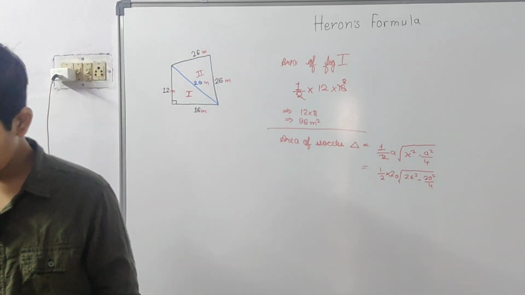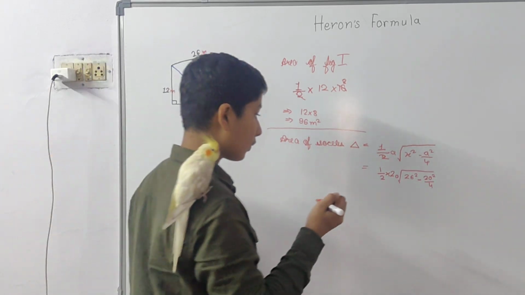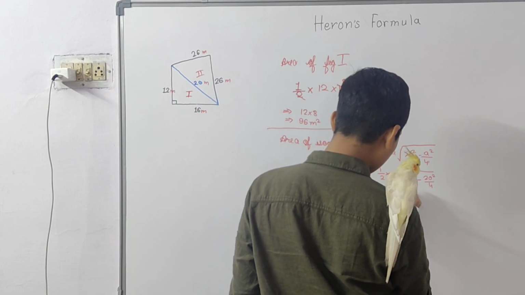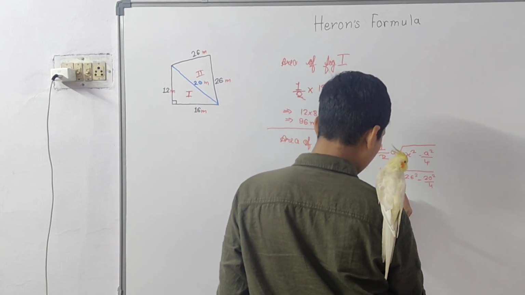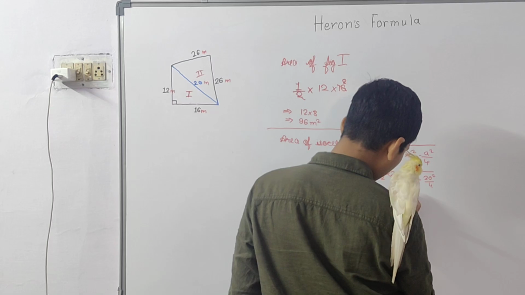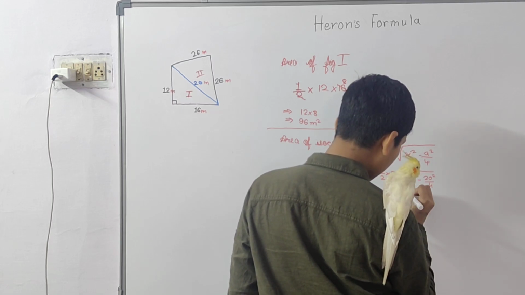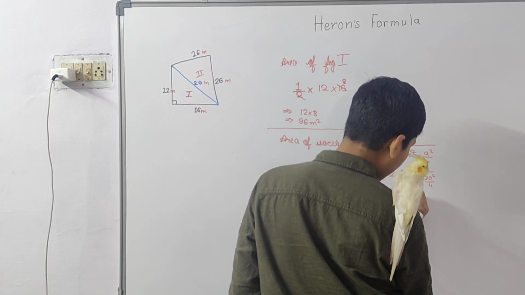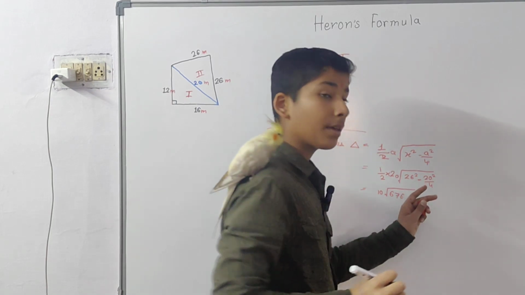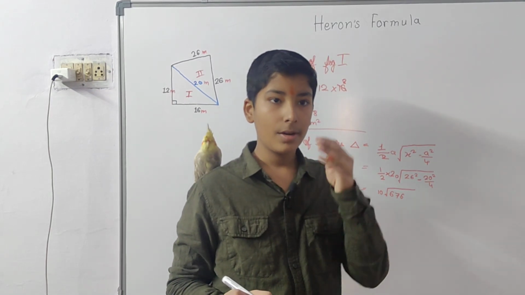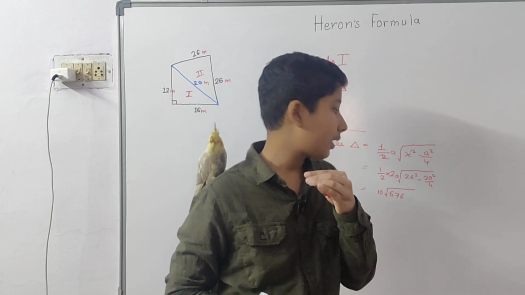26 square, I know, is 676. 10 root of 676 minus, yes, 20 square is 400, and 400 divided by 4 is 100.